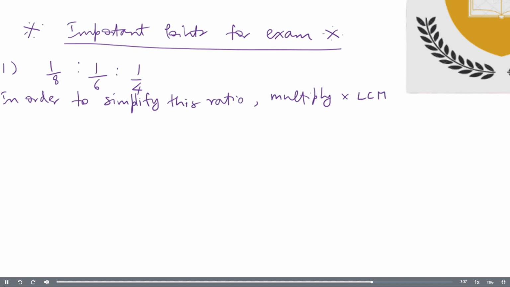Let's do one example. Side by side, I'll also revise LCM for you. If you want to find out the LCM of 8, 6 and 4, you first follow this procedure. Take out 2, the common factor here. 2 4s are 8, 2 3s are 6, 2 2s are 4.